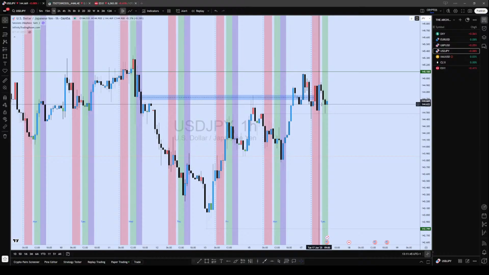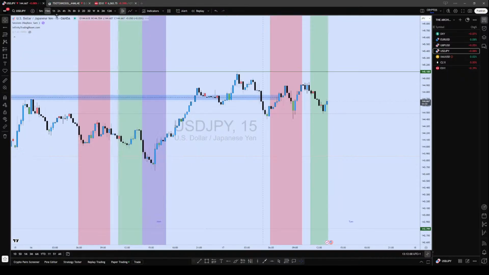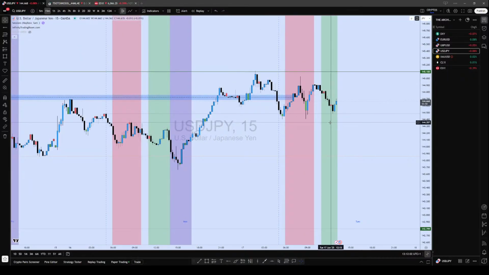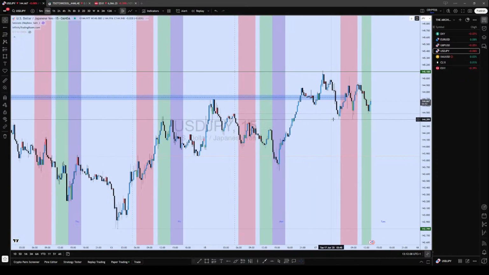So this is not looking nice. I would have preferred a run with a break that looks clean like we had last week over here. This is not clean enough. I'm not liking it. I don't like it.